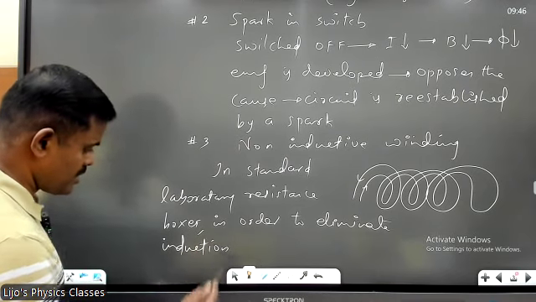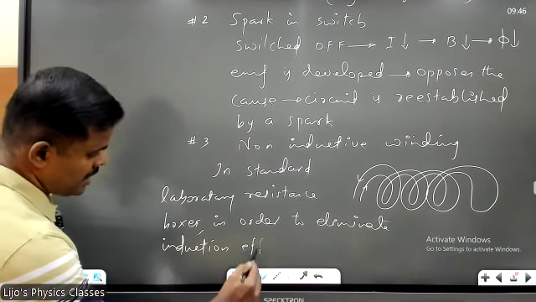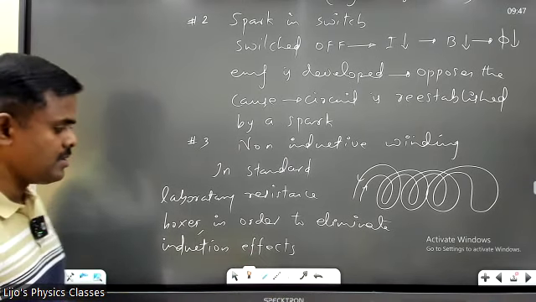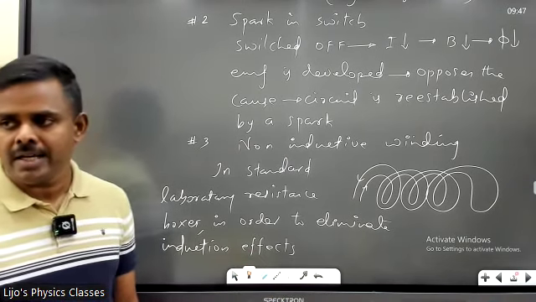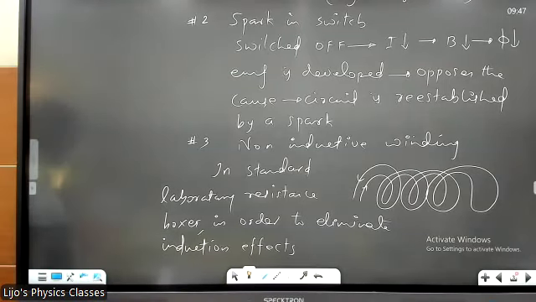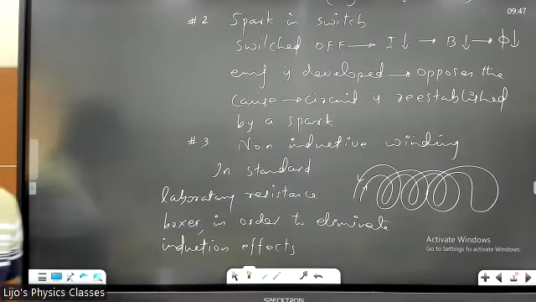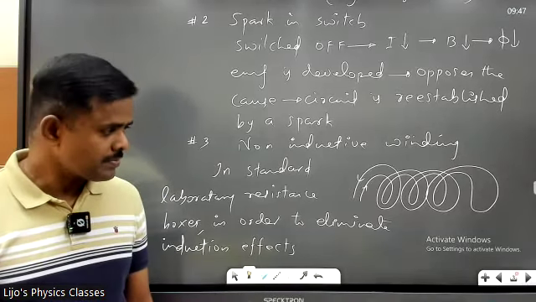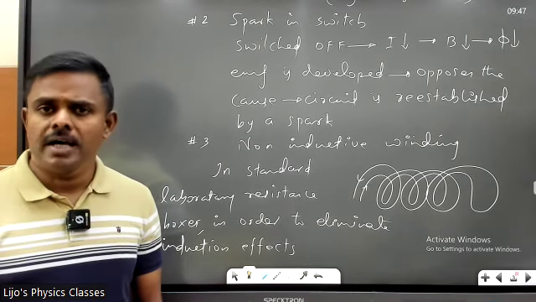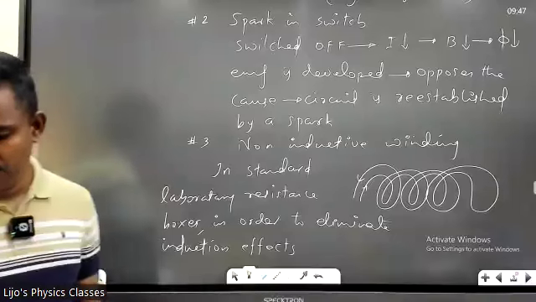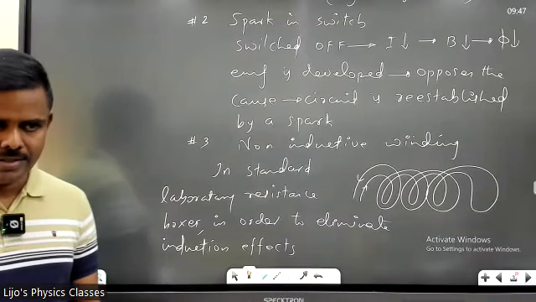what I want is pure resistance. In standard laboratory resistance boxes, in order to avoid induction effects, in order to eliminate induction effects, coils are wound in the reverse order. Coils are wound in opposite directions.